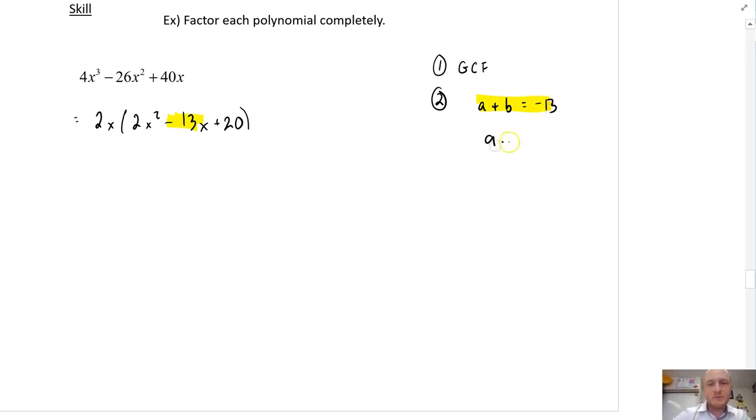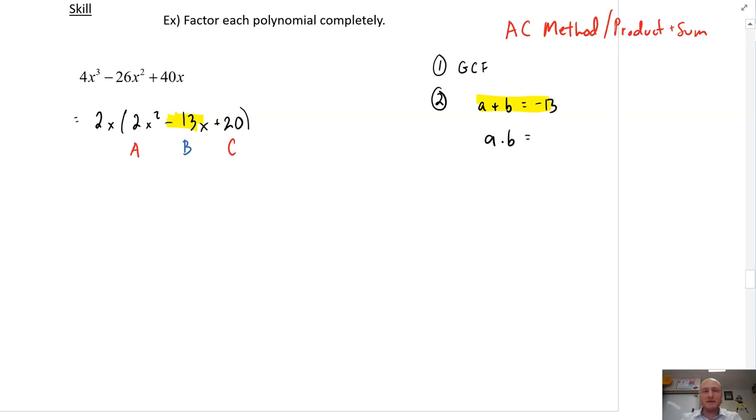And then a times b, what times what is going to give us... Normally we just use our constant value here, what I will call a c, but in this case we have a leading coefficient, a capital A. Sometimes this is referred to as the AC method, the product and sum method.